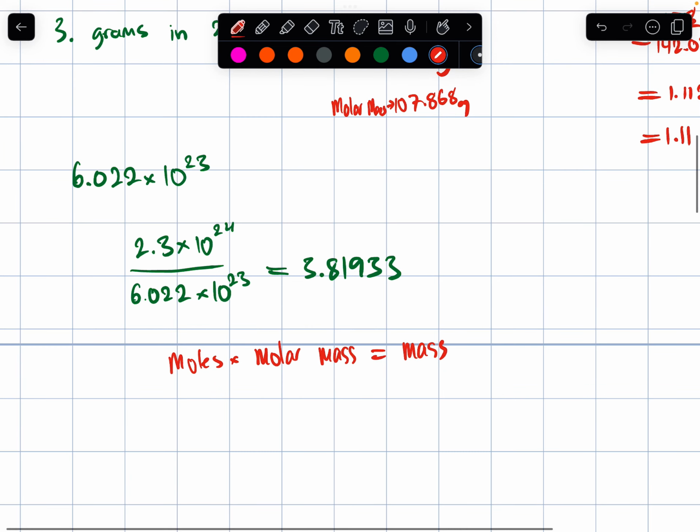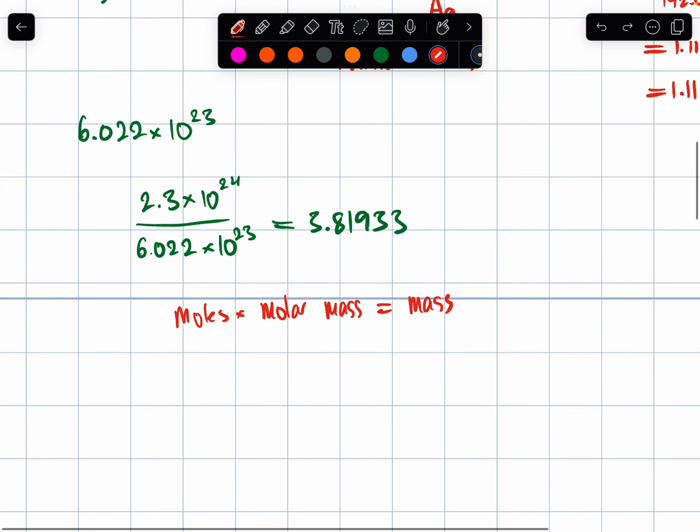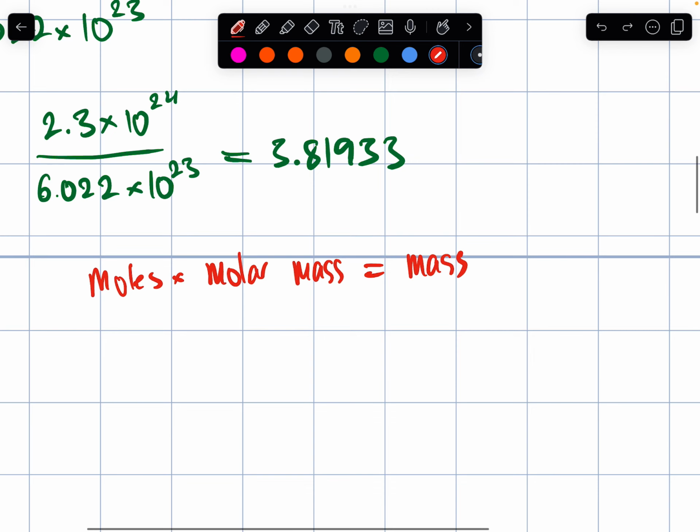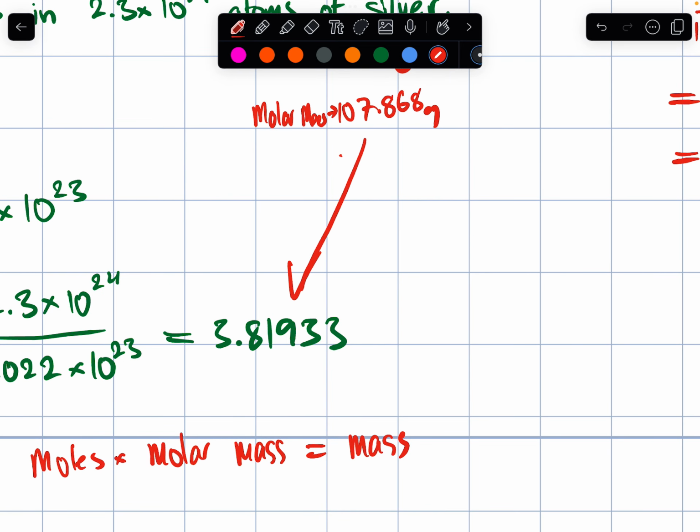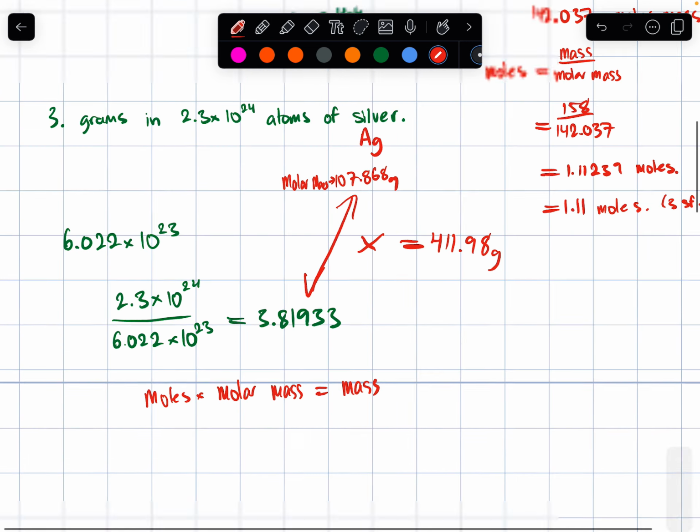If you go, how many cookies do we have? How much does each cookie weigh? Is the mass of cookie dough in total, right? If we're using the same analogy as earlier. So we multiply these two numbers together, 3.8193 times 107.868 gives us 411.98 grams.